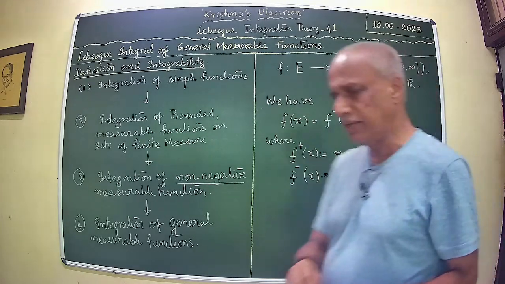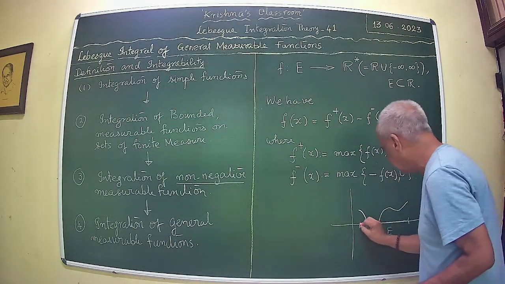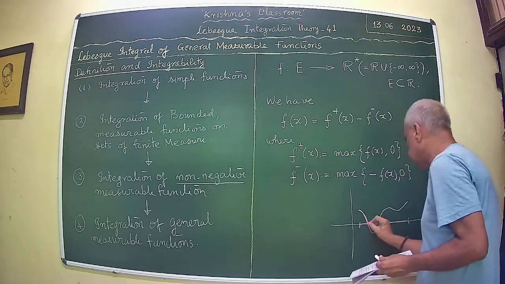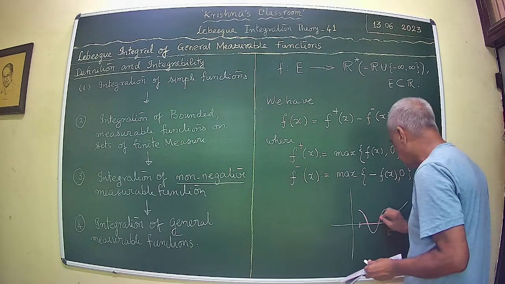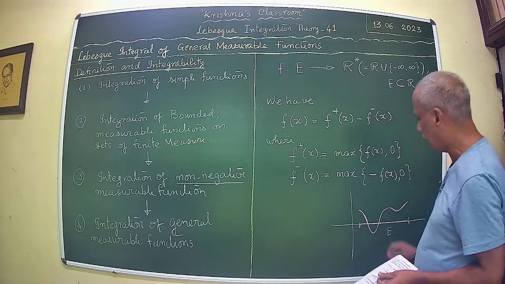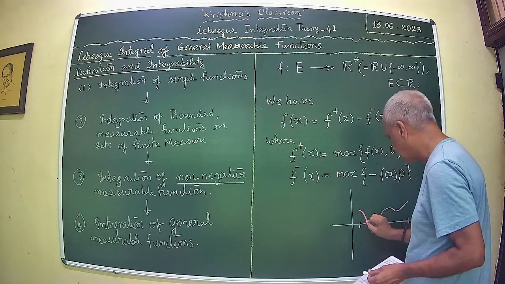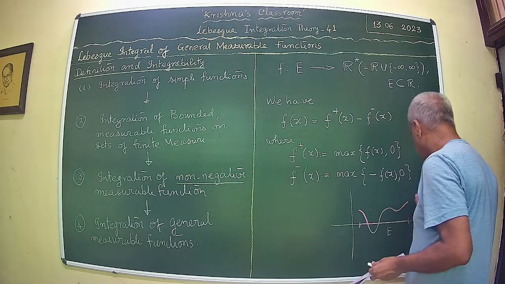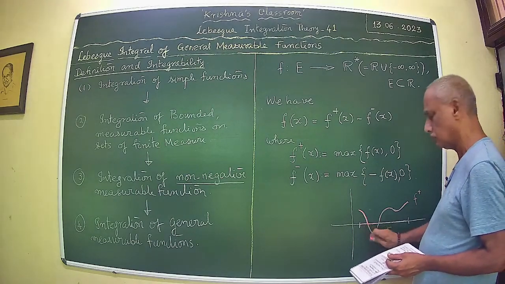Then what happens is your f plus, on this set it is going to be f itself, and on this portion it is going to be this, and on this portion it is going to be this part. So this is the graph of the function f.